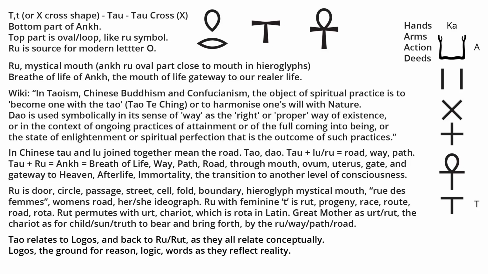So on Wiki, we have in Taoism, Chinese Buddhism, and Confucianism, the object of spiritual practice is to become one with the Tao, Tao Te Ching, or to harmonize one's will with nature. Again, externalizing aspects of ourselves as the true self, higher self, true self, higher will, natural self.